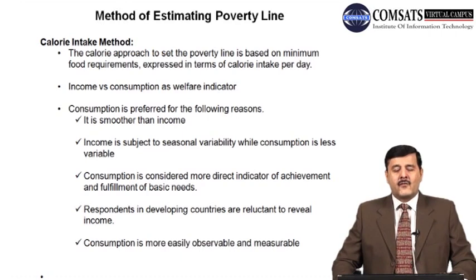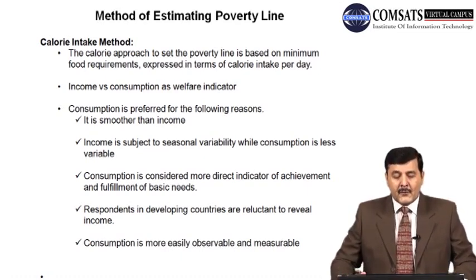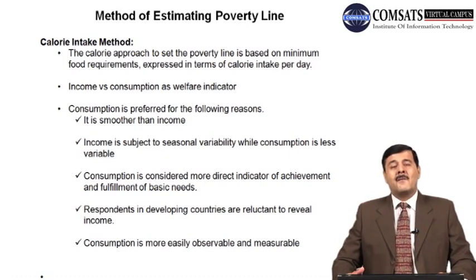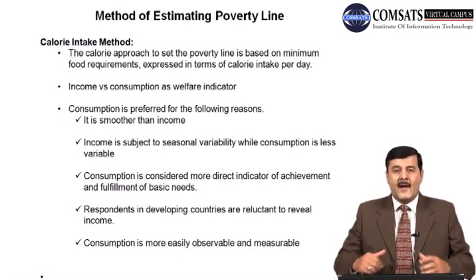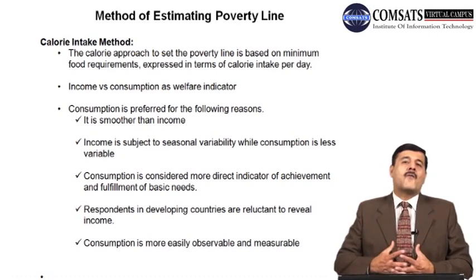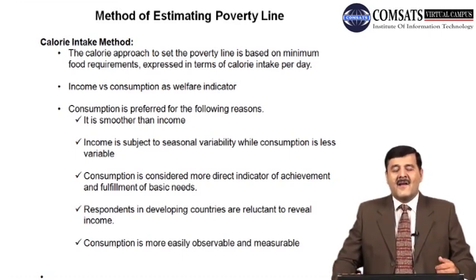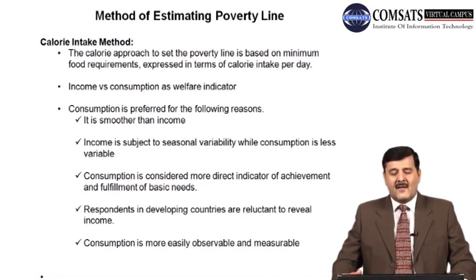The calorie approach to set the poverty line is based on the minimum food requirement expressed in terms of calories intake per day. How many calories a person requires per day to survive, that is the calories intake method. So how many minimum calories are needed.